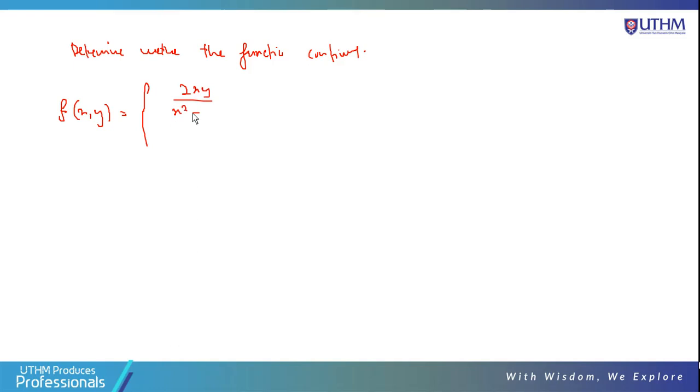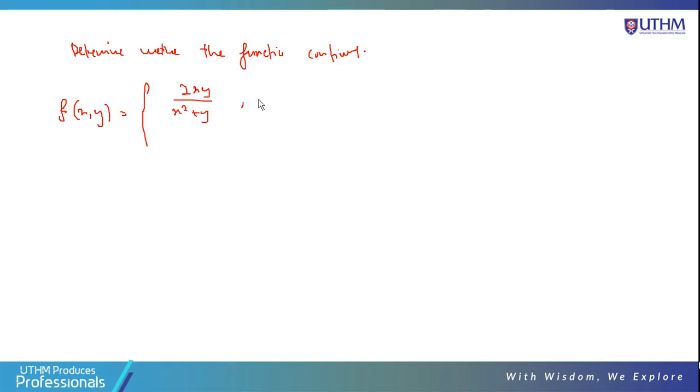Okay, determine whether the function is continuous. Given the function f(x, y) equal to 2xy over x square plus y square.